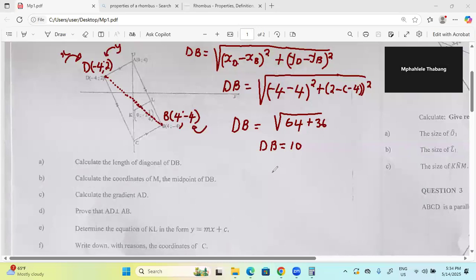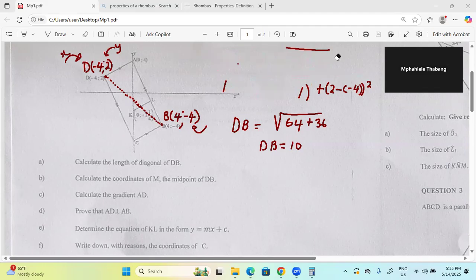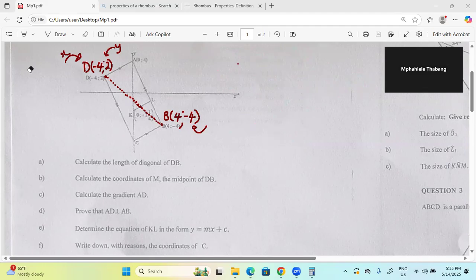Now they are saying calculate the coordinates of M, the midpoint of DB. Calculate the coordinate of M, the midpoint of DB. So they are saying between the point D and the point B, there is a point exactly in the middle, and that point is called M, which is the midpoint.